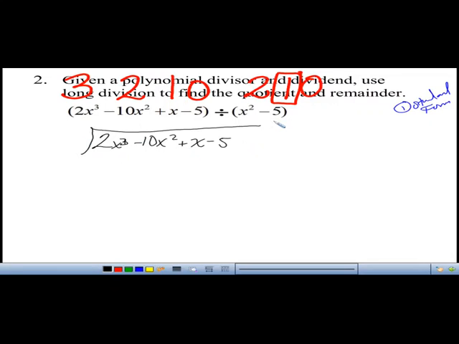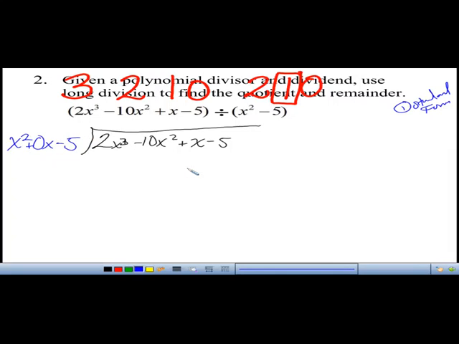And then our divisor, I'm going to do that in blue. Look up really quick. The divisor, I start with x squared. However, which placement did we say was missing? The 1, power of 1, which means an x. Is that correct? So I'm going to put plus 0x. You guys remember that? You're like, oh, I remember, Mr. Q, I made a mistake back then. Yeah, but now you got it. And then we write minus 5.